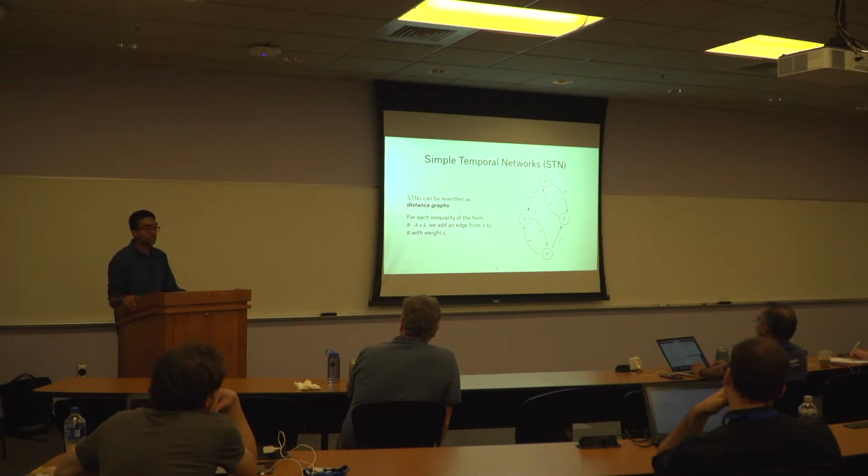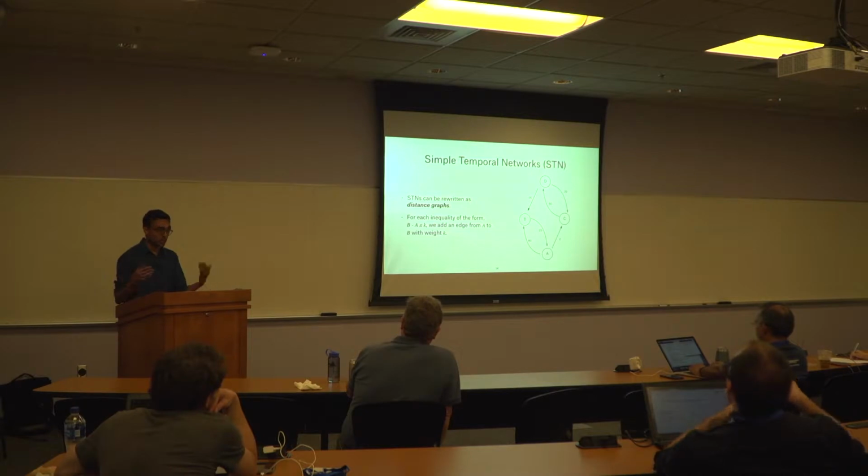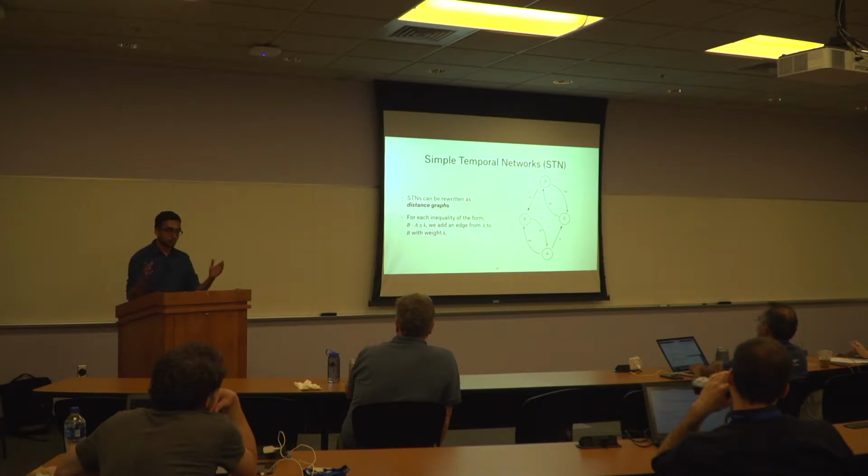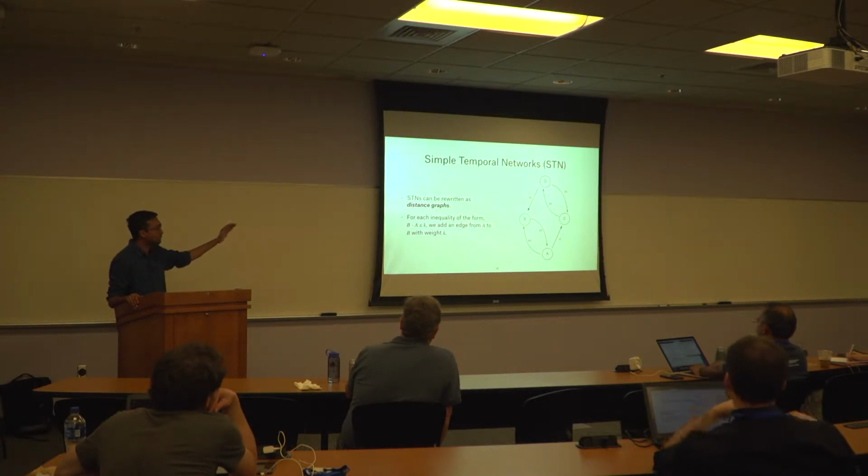One really nice thing about simple temporal networks is that they can be reformulated as what we call a distance graph. So what exactly is a distance graph? For every inequality that we had, you remember we rewrote everything as linear inequalities of the form b minus a is less than or equal to k.